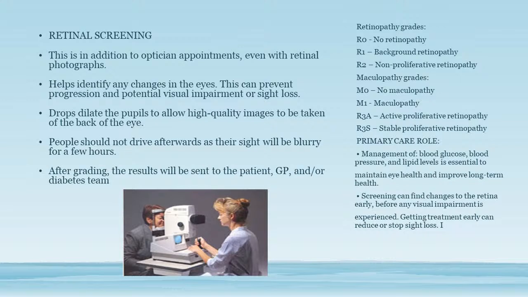So background retinopathy, or R1, I can still use medications for, I can still use Mounjaro for, and it's quite common to see R1. So if you've got some retinopathy, don't worry, because that's usual.